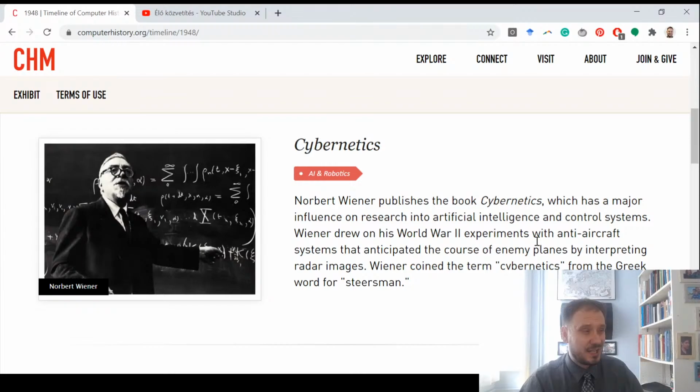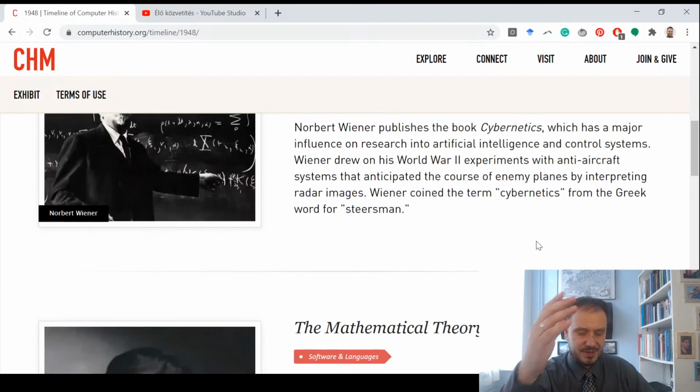The general idea of cybernetics is that this phenomenon is related to artificial intelligence and control systems, something that Wiener wrote when he published his book on information management. He coined the term cybernetics from the Greek word for steersman, people who steer using the stars.